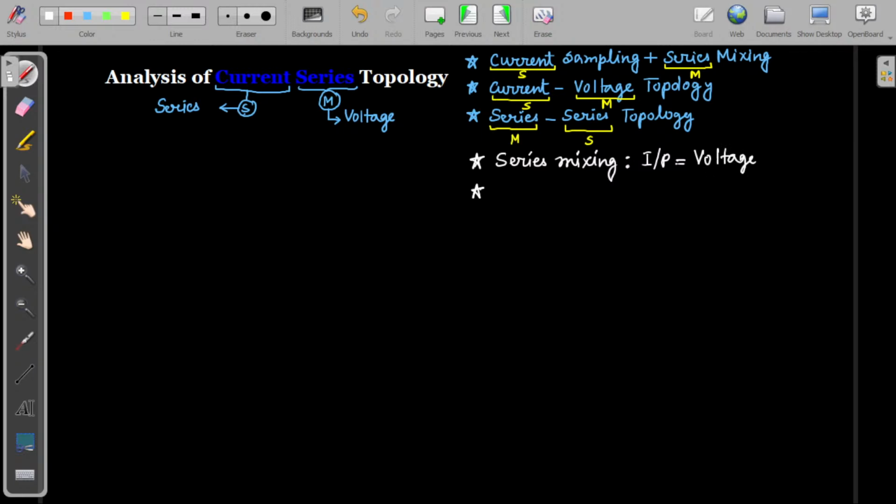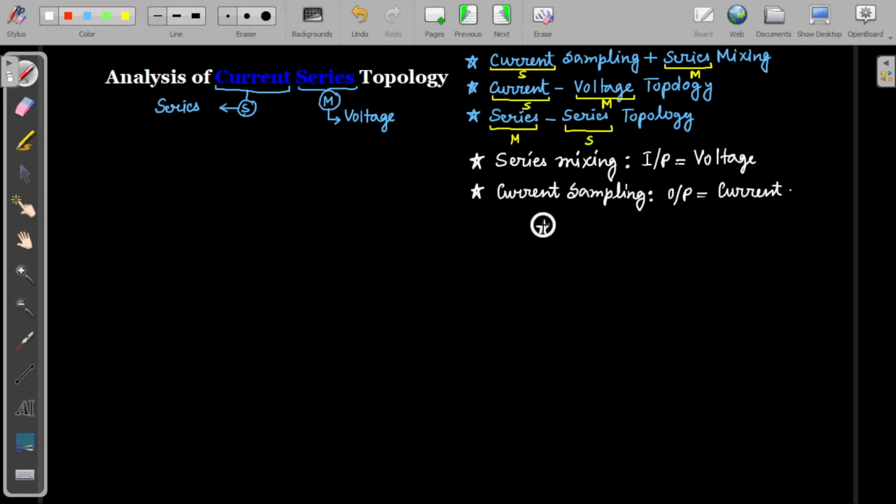And in the sampling, what we are doing? We are sampling the current. So current sampling है, इसीलिए आपका जो आउटपुट पैरामीटर होंगे वो आपका करंट होगा. सो कोई भी एम्पलीफायर पे if the input parameter is the voltage and the output parameter is the current, so what type of amplifier we have designed?